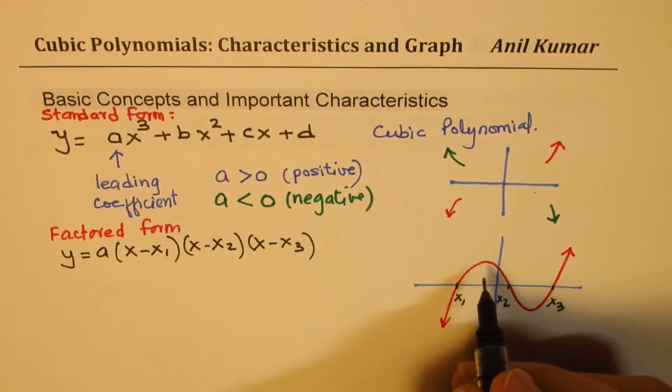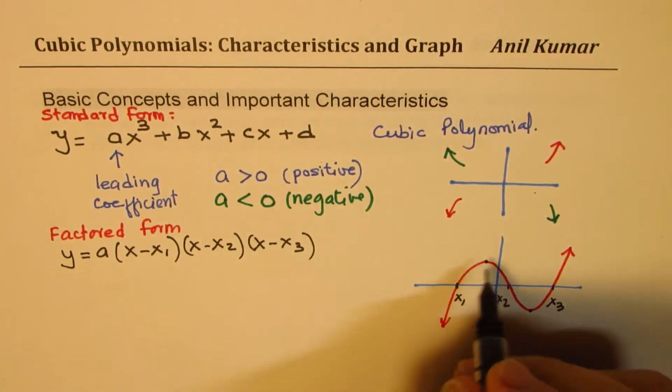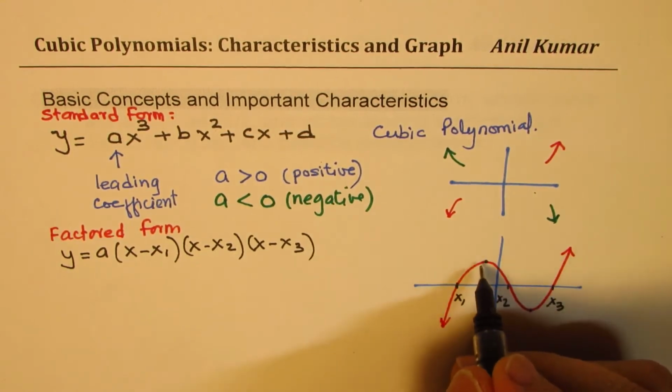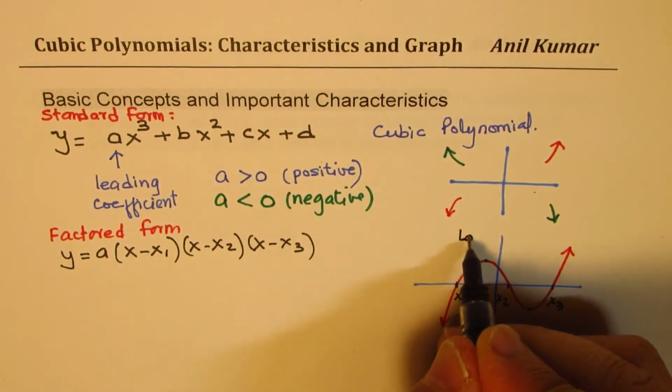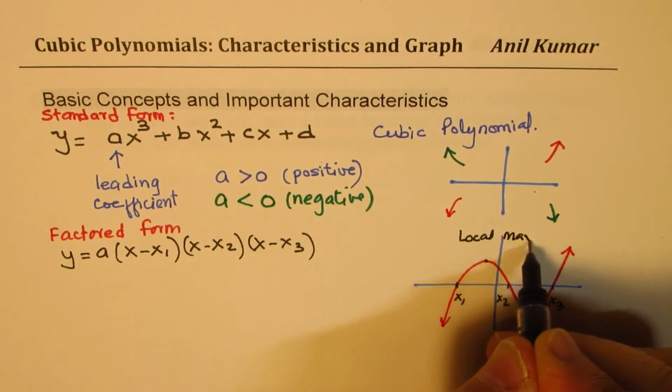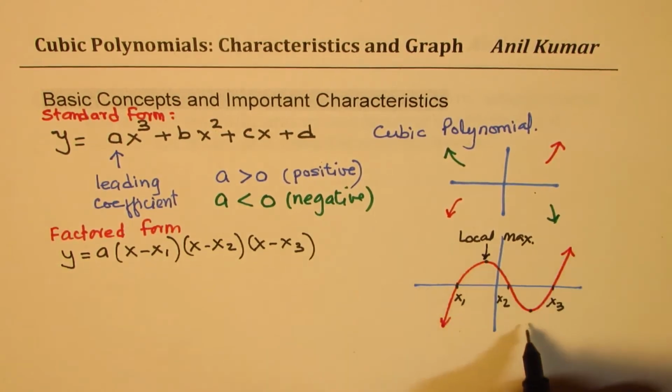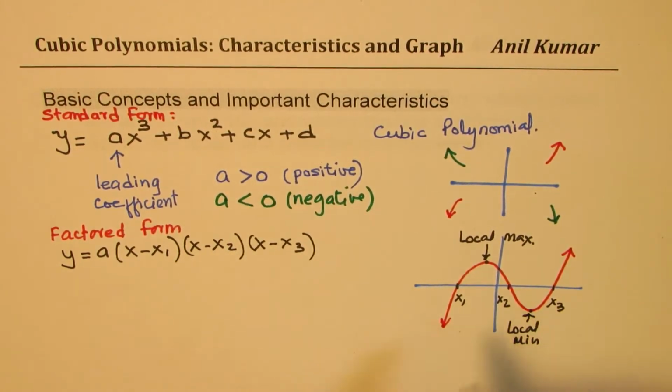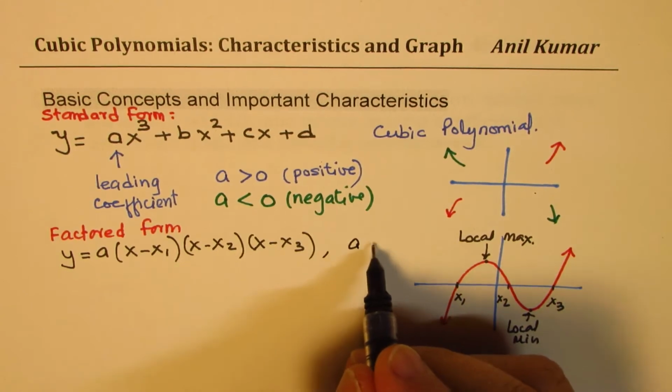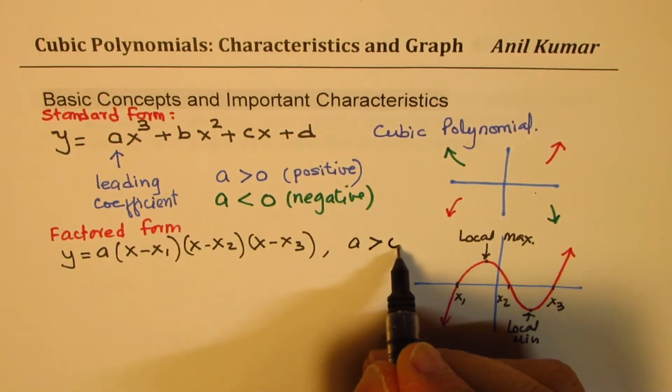Now in this particular case, you will find that there are local maximum and minimum. Right? So this point here is called local maximum, and this is your local minimum. Perfect. And in this case, we are assuming a to be greater than 0.